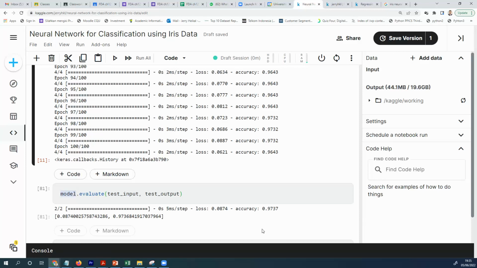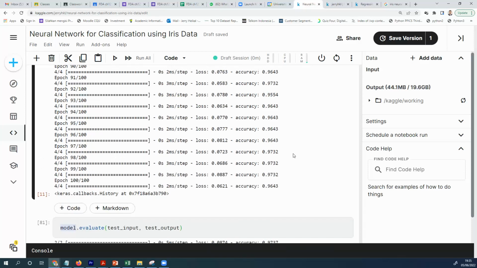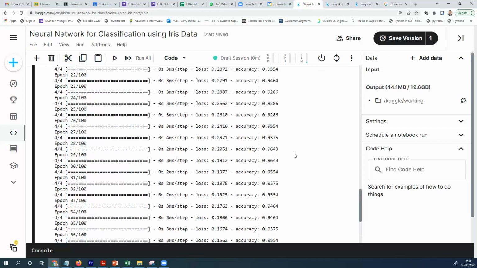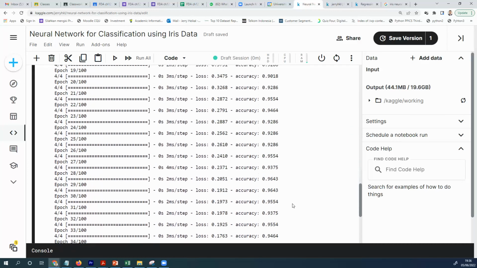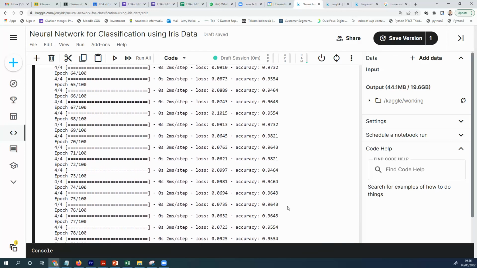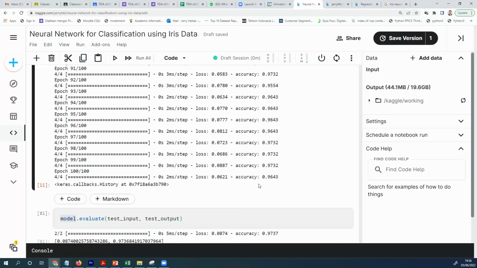So this is how the neural network develops the model. The first time it runs, with forward propagation only, it has 44% accuracy, and then back propagation, forward propagation, back propagation, 100 times, until within the 100 trials we got an accuracy of 96%.